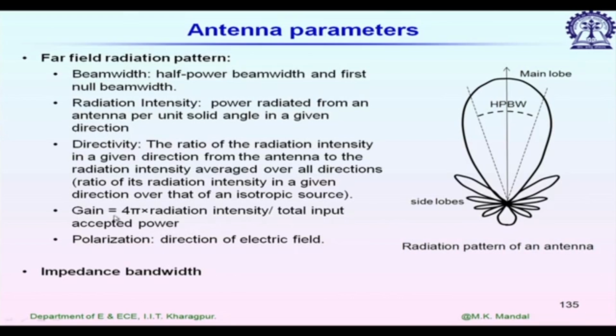Now, usually the gain definition does not consider the loss due to input reflection. Whenever we feed any antenna, at the feeding port there will obviously be some input reflection loss due to the impedance mismatch between the guiding structure and the antenna input impedance.